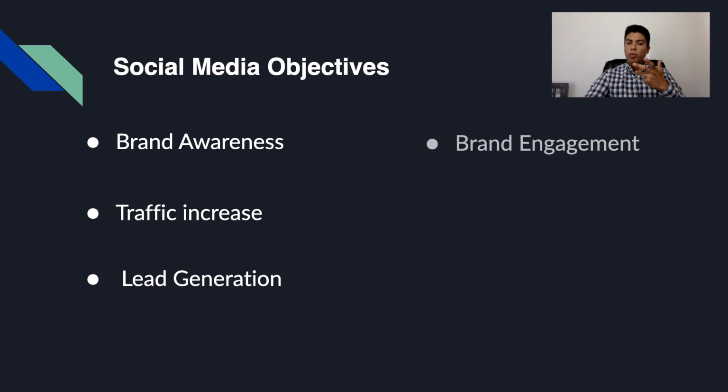The next will be brand engagement. Brand engagement is one of the most sought after objectives for marketers on social media. This is due to the fact that social media interactions can improve brand perception, brand loyalty, and of course increase your word of mouth. Also, with social media platforms' algorithms often prioritizing posts with higher engagement activity, this marketing objective can have a huge impact on your social media presence.